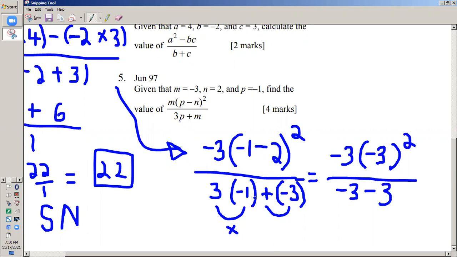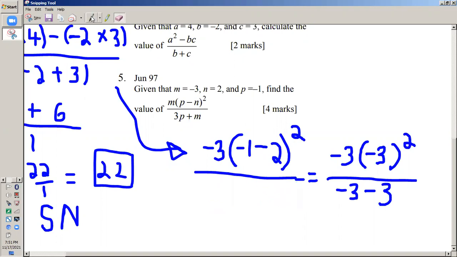Do you understand how I get these numbers at the bottom here? What I have is the -1 plus the -3 in brackets, so I work out the bracket first. Let me just remove the brackets.